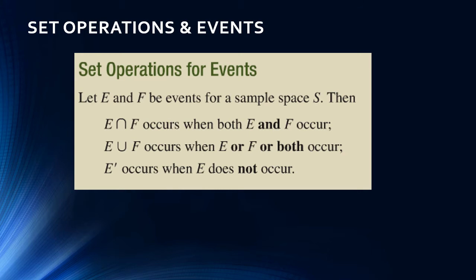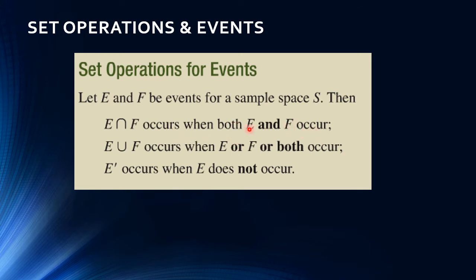Let's look at some set operations. This is really important, so pay attention. Make sure you put this down in your notes. Let E and F be events for the same sample space S. E intersection F, E and F, occurs when both E and F occur.